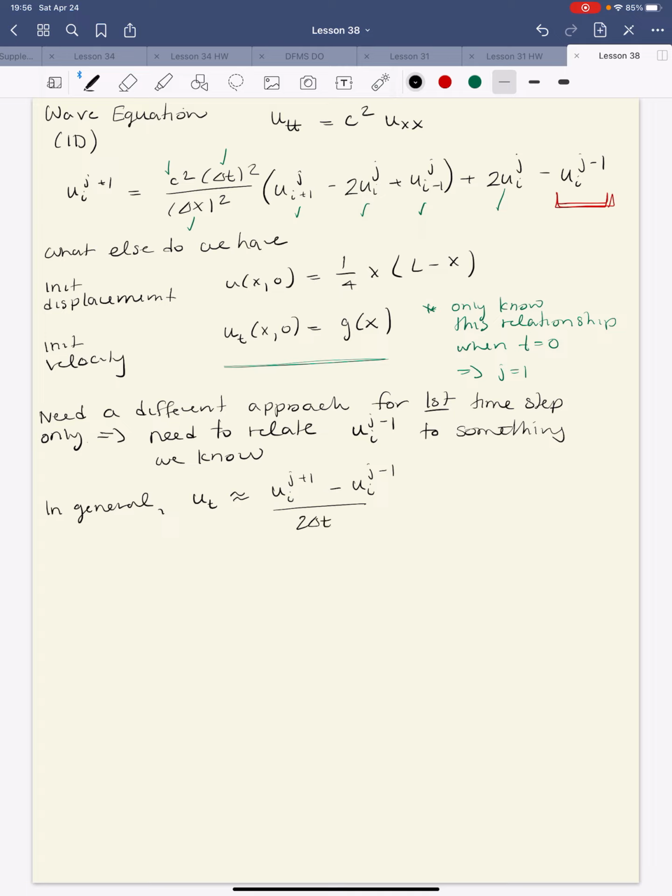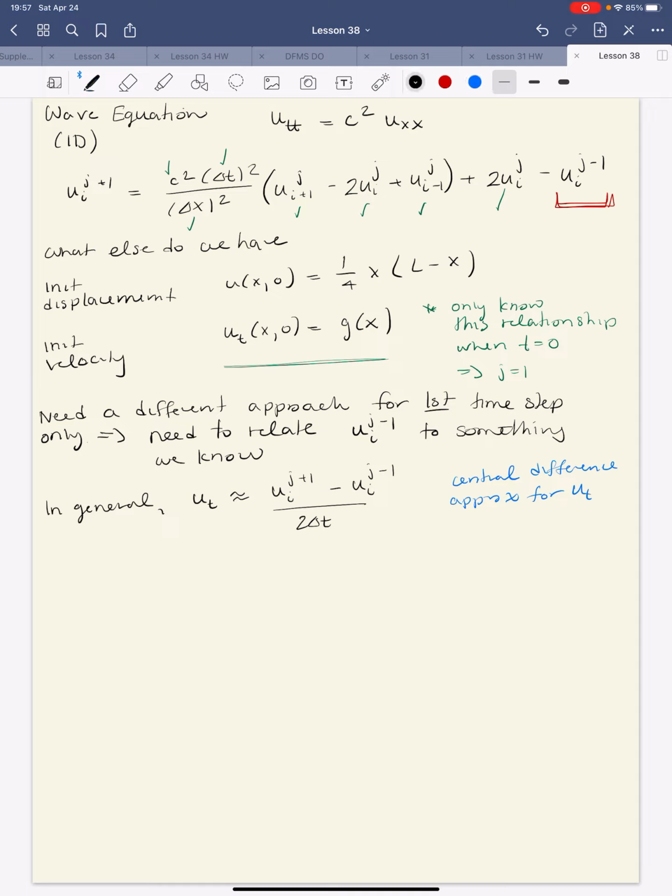And again, I'll write this in here. This is a central difference approximation for u sub t, right?